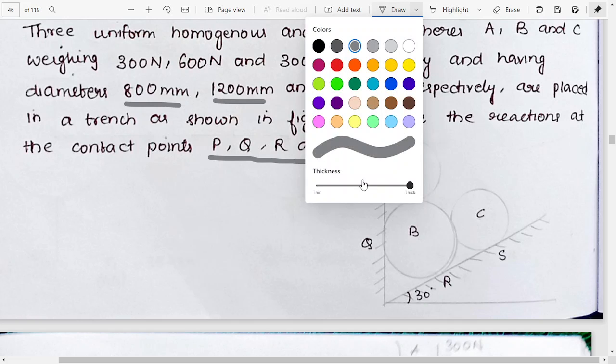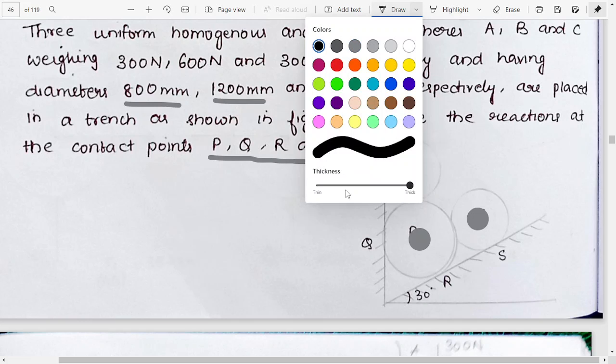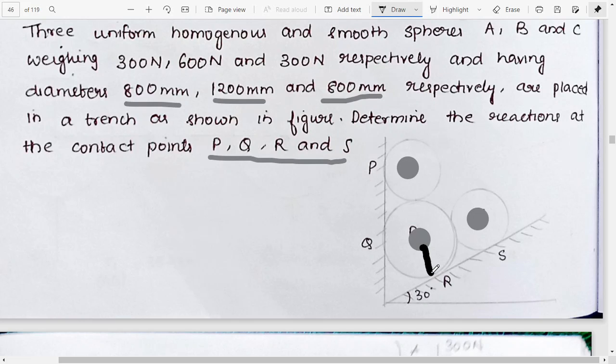If we draw the centers, I think these are the centers. Now there will be a force like this here, a reactive force like this, and a reaction force downwards, and there will be a reaction from the wall on this side and a reaction on this side.